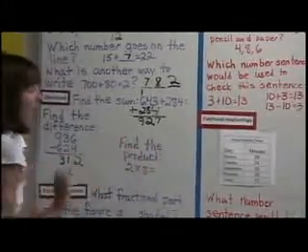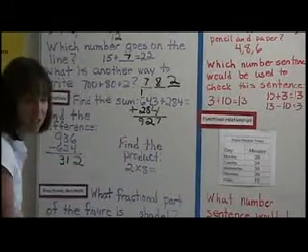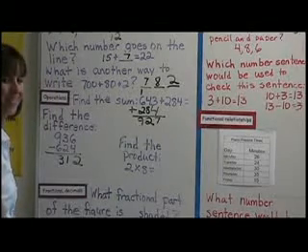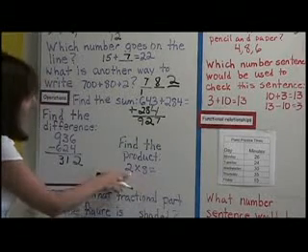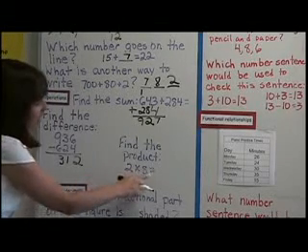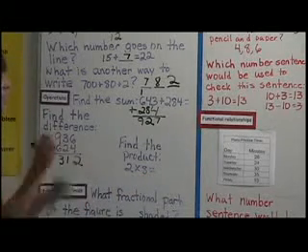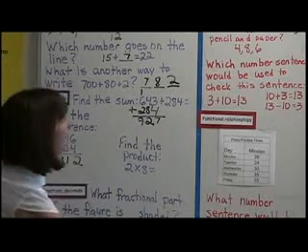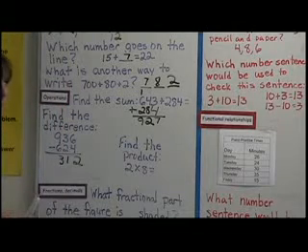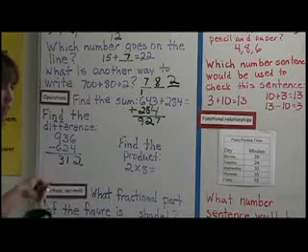Find the product. And the product is the answer to a multiplication problem. Great. Let's read. 2 times 8 equals. And because it's multiplication, we can do it any way we want. So, do we want to count by 8s or do we want to count by 2s? Akadzali?